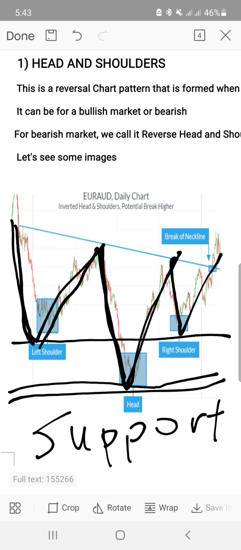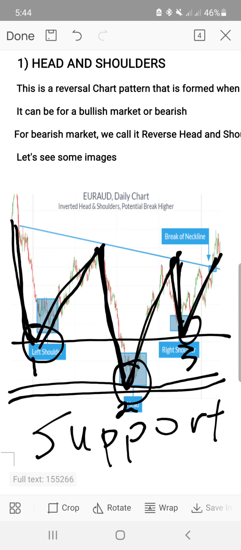Then it went back up, then it came back again, and this time it couldn't break that first support, right? Let's say this is the first one, this is the second one, and this is the third one, and it came back and it couldn't break the first one, and it went back up. Now this becomes the head, then these two points become the shoulders, you understand? So this is an inverse head and shoulder.